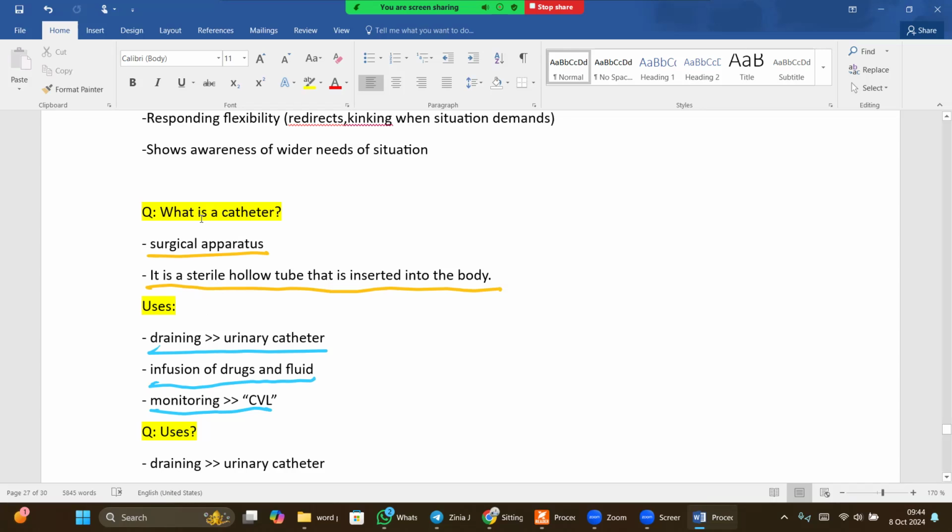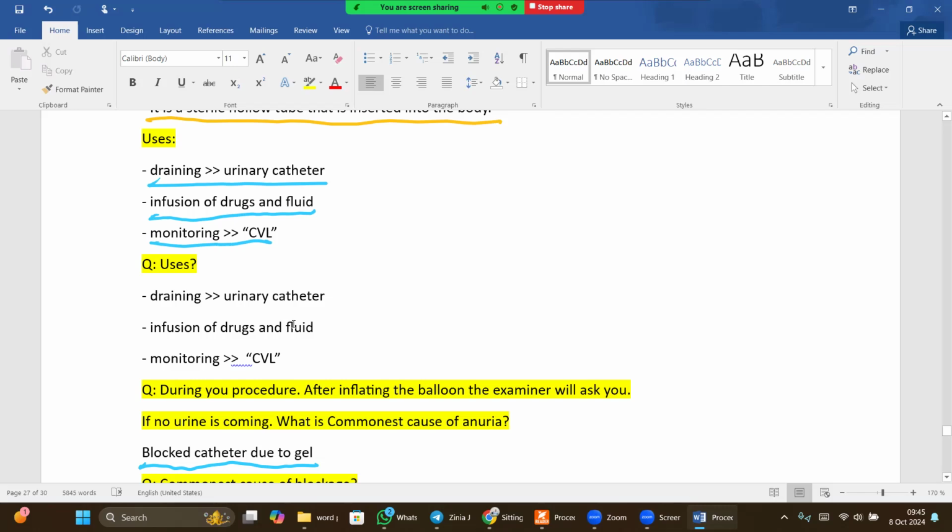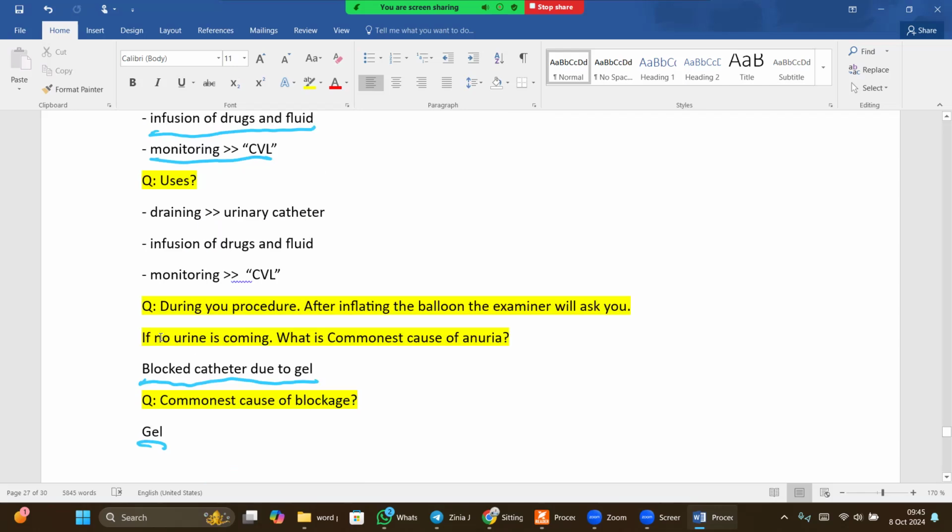It is used during urinary drainage, like urinary catheter, infusion of drugs and fluids, and monitoring central venous pressure.